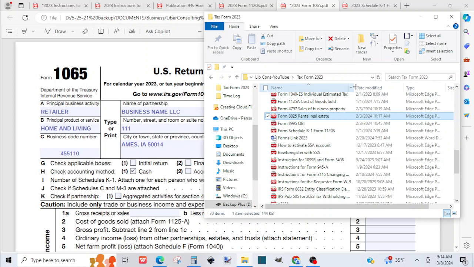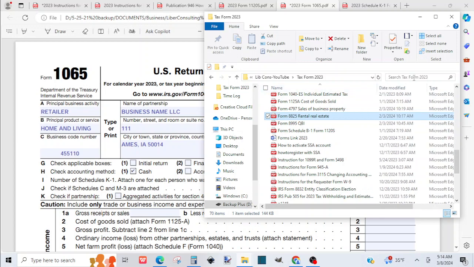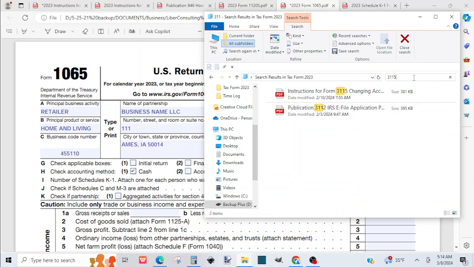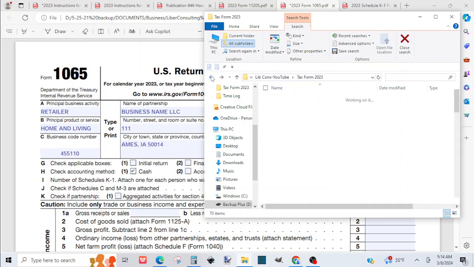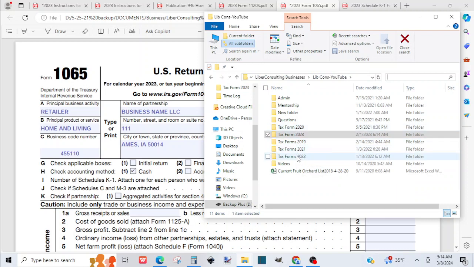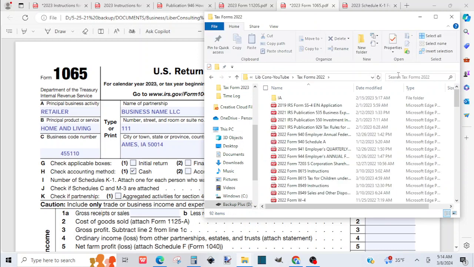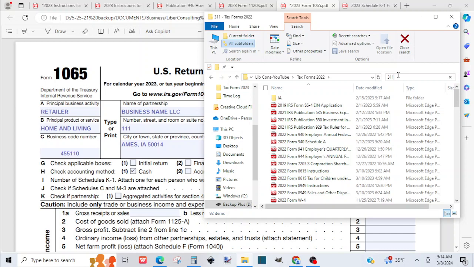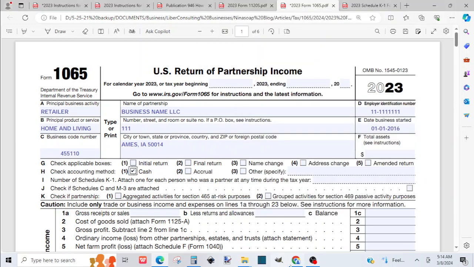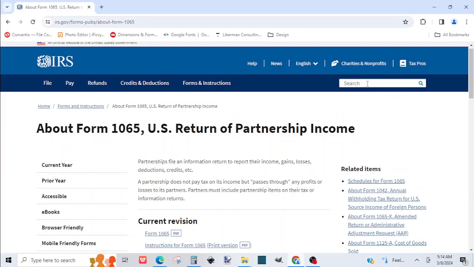Let me see. If I pull a 3.11.5. Okay, I only have the instruction here. In fact, we can go to the IRS website and we can search the form there.